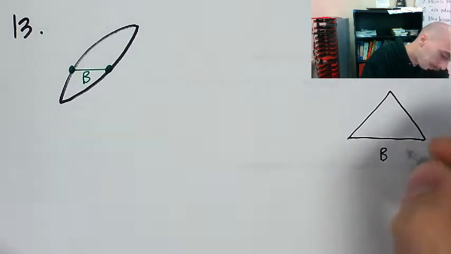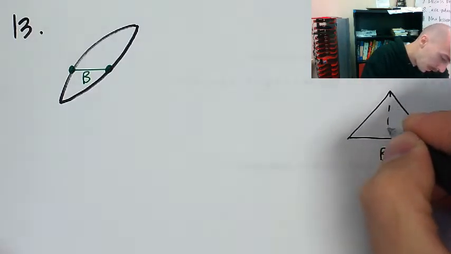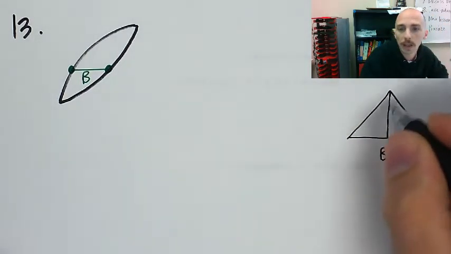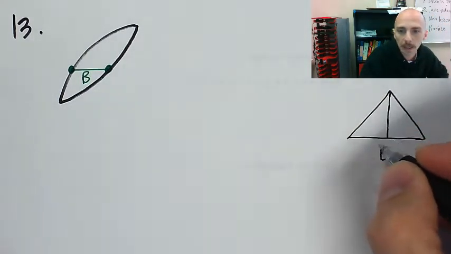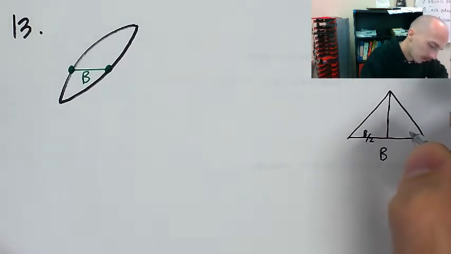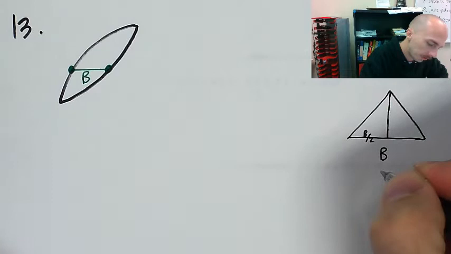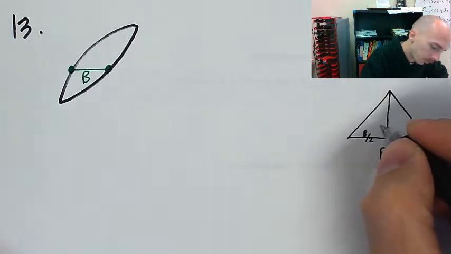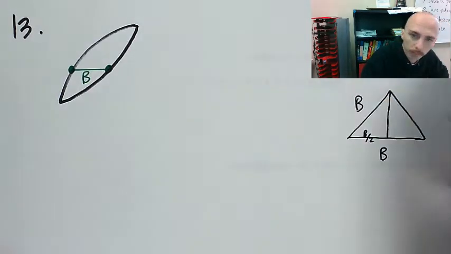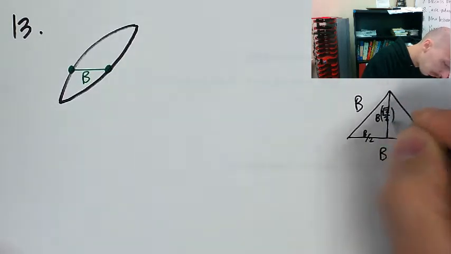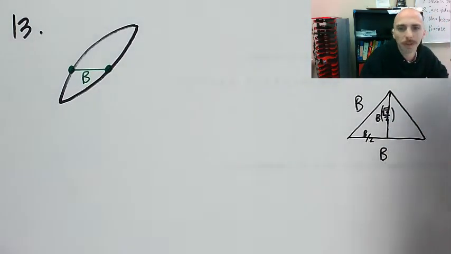This is the base. And then, if it's a 60, 60, 60, half of it's going to be a 30, 60, 90. So this small one is base divided by 2, and that's the short leg of the 30, 60, 90. The long leg will be b times root 3 over 2, because it's equilateral. Okay, so this is b times root 3 over 2. And that's probably too small for you to even see, but whatever.